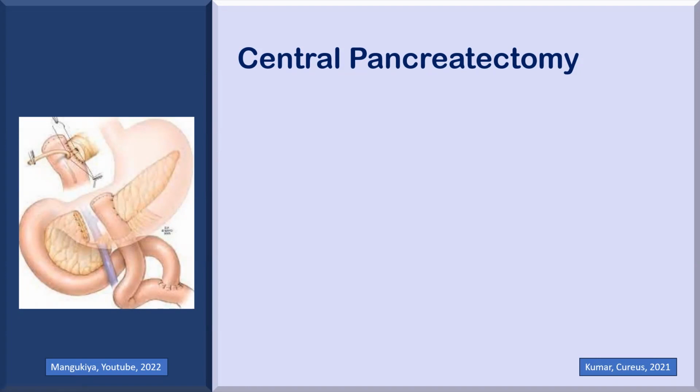If the mattress suture tears through the substance of the pancreas, if it's very soft, usually it is soft in neoplasms. It's much more amenable to suturing in chronic pancreatitis because of the fibrosis. But remember, here we're talking about neoplasm, so it will be a soft pancreas. How do you prevent the stitches from cutting through?